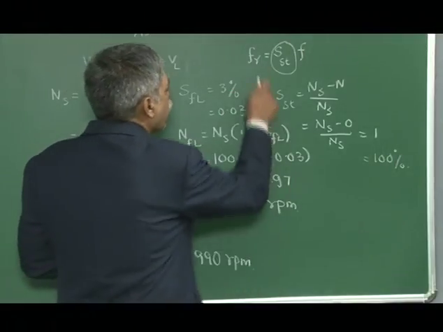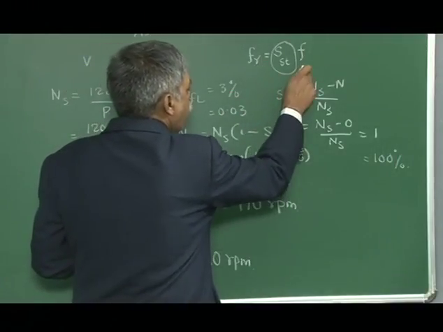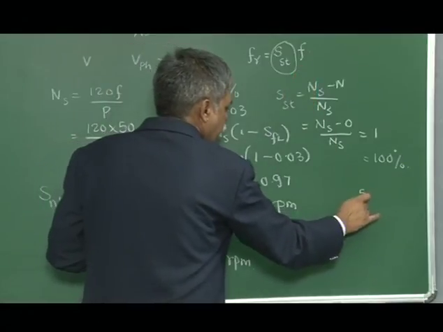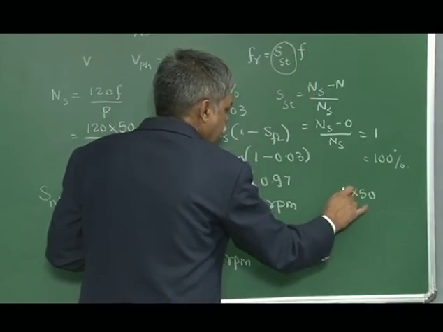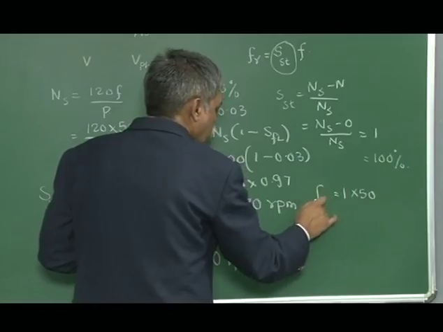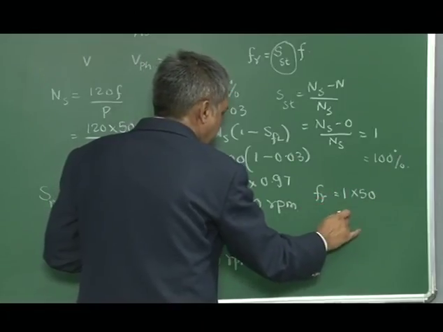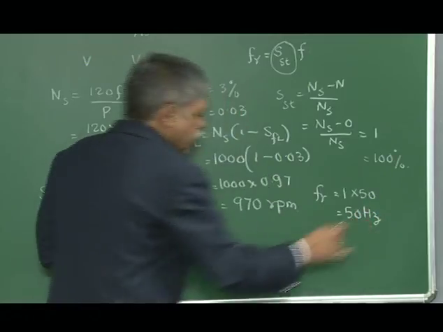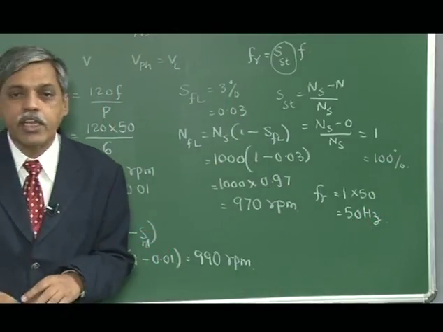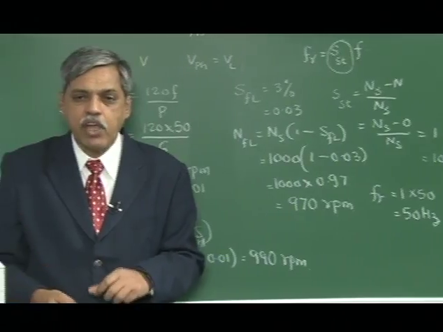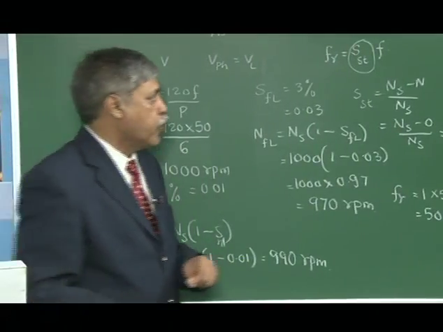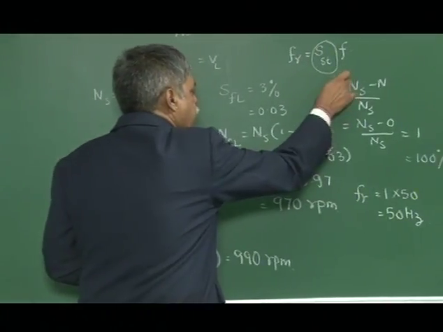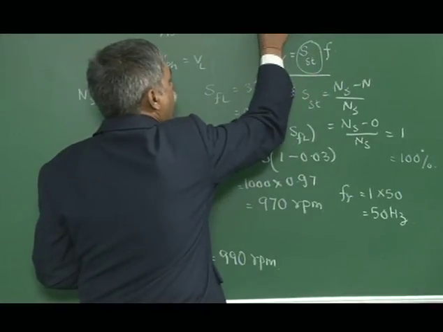If I use this equation, the supply frequency is 50 hertz, and at starting the slip is 1, therefore the rotor frequency FR at starting, under standstill condition, will be 50 hertz. For the frequency of the rotor current at full load, I will take the same equation, but the slip value will be different.